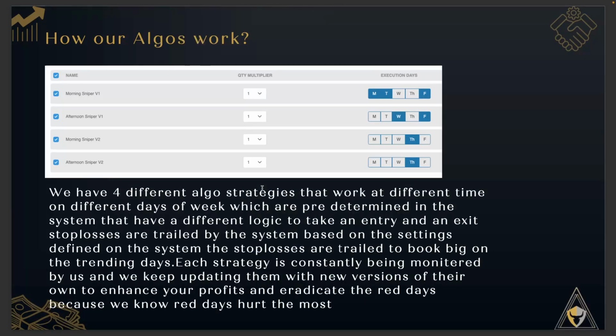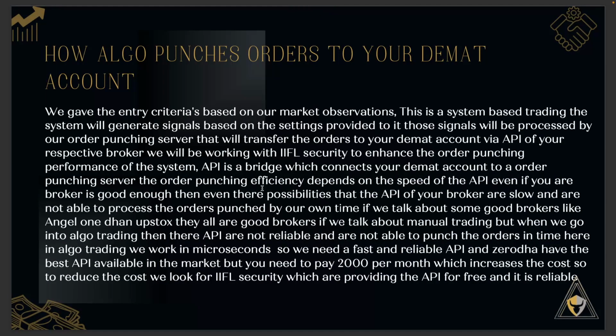So these are the four strategies that we have already discussed. We have also discussed how the algo punches orders in your demat account: you need to bridge your broker account to the execution platform via API.